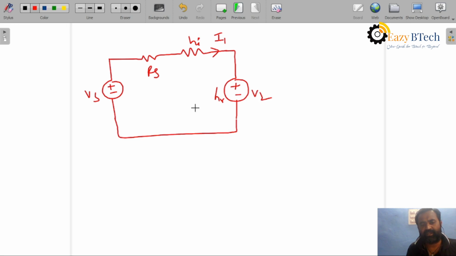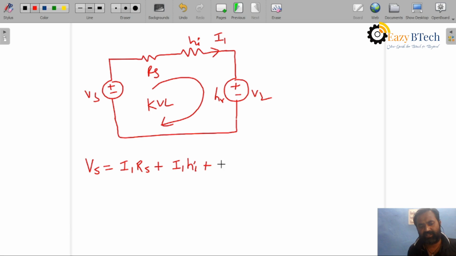This is the input side equation. Now apply the KVL. By applying KVL, we will write Vs is equal to I1 into Rs plus I1 into HI plus HR into V2.